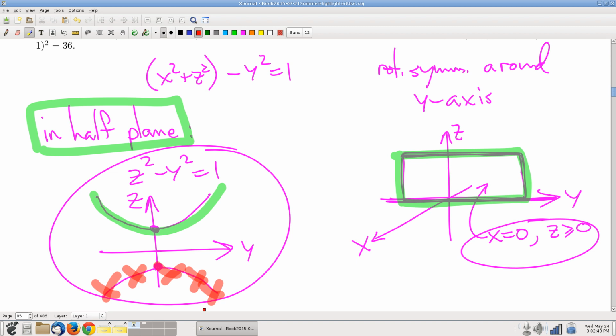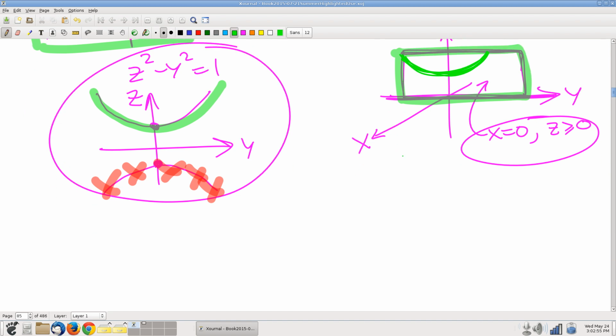Alrighty. So the curve then is half of a hyperbola up there like that. The curve is rotationally symmetric around the y-axis, so I take that curve, rotate it around the y-axis, and get the result.